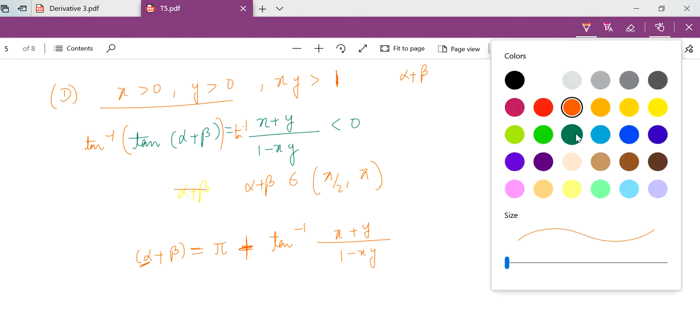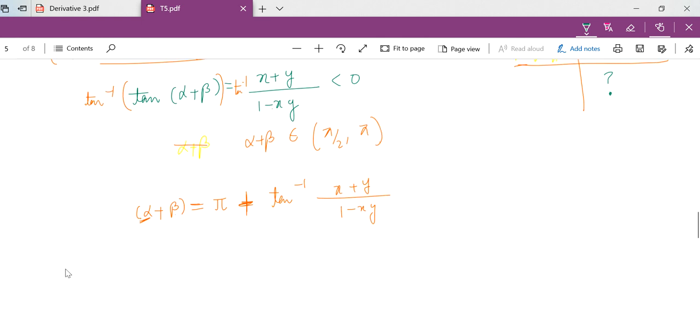Accordingly, if you got the game, then the last one you can do on your own, right? But let's finish it off. If both are negative, that means alpha and beta both are in negative pi by 2 comma 0, that means alpha plus beta is either here or here. And what is tan of alpha plus beta?